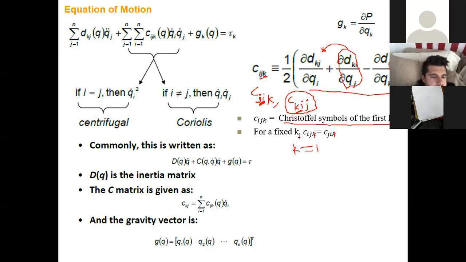Or you could take k equals 2, and in that case Cij2 equals Cji2. For fixed k, the Christoffel symbol is symmetric. That's the good news, because you don't have to calculate all of them; you can just use the symmetry.